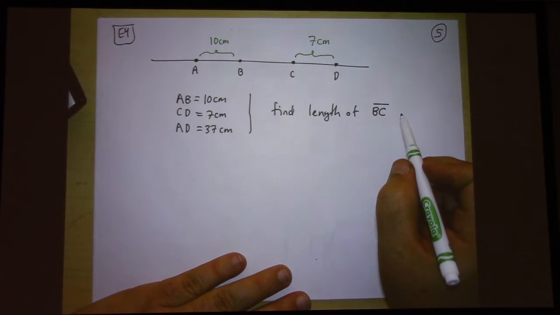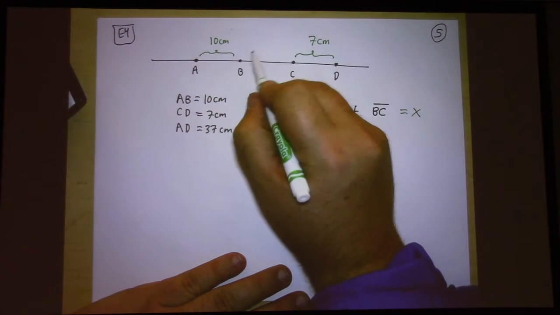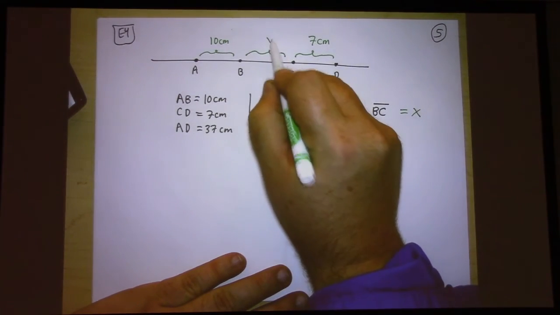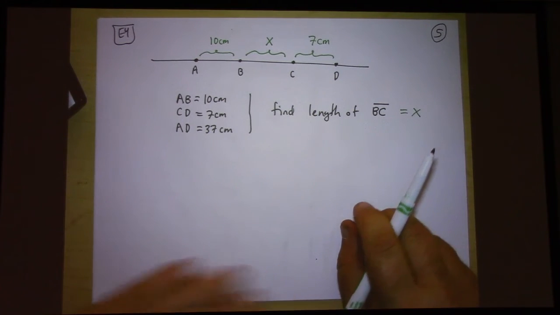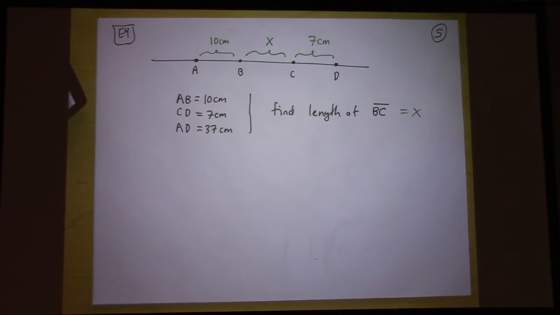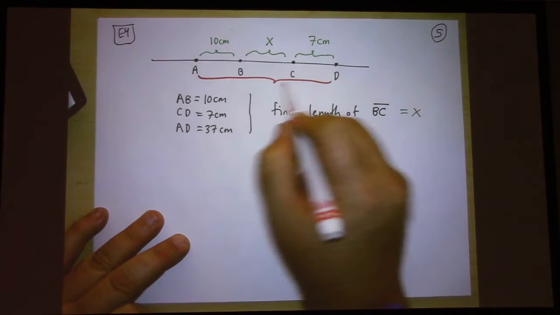The length of BC is what I don't know. Let me call that X, right? So here's what I'm trying to find out, X. And what else do I know? Oh, I know that the length from A to D is 37. So what does this tell me? Aha! So if you go all the way from here to there, you've got 37, right?